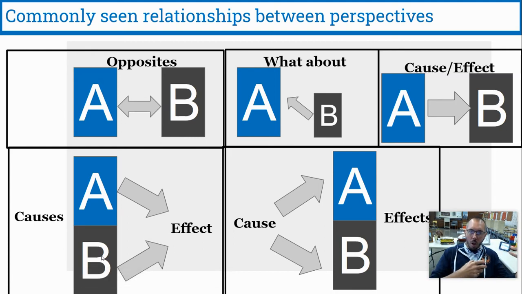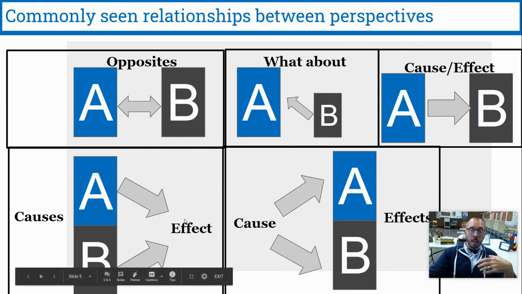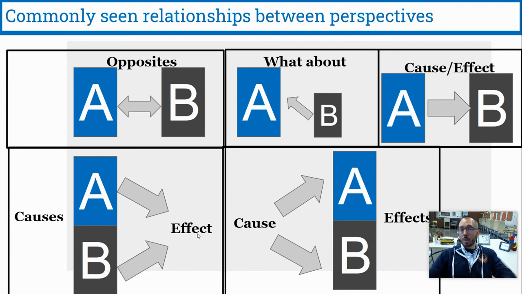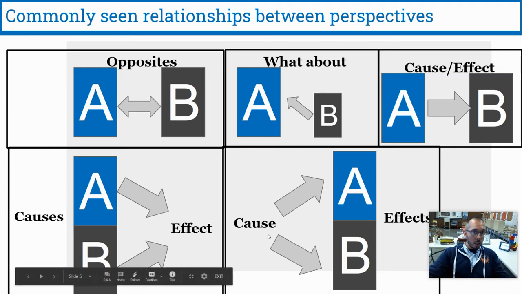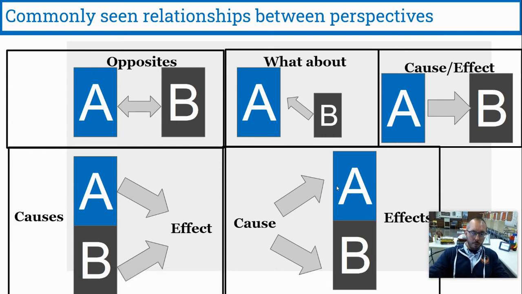Both of them are different causes. They get to the effect, aggression and violence in our society, but from two different ways. You might have another one that takes a look at one specific cause and then sees the different effects that it may have. So you might have two different perspectives that deal with different effects.